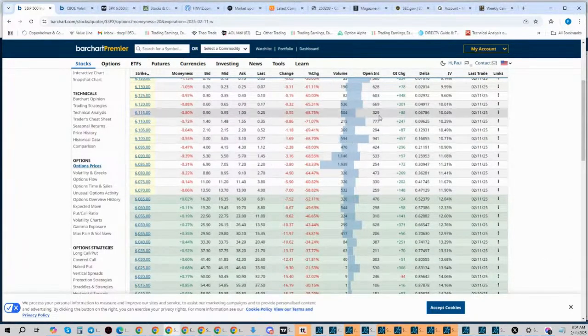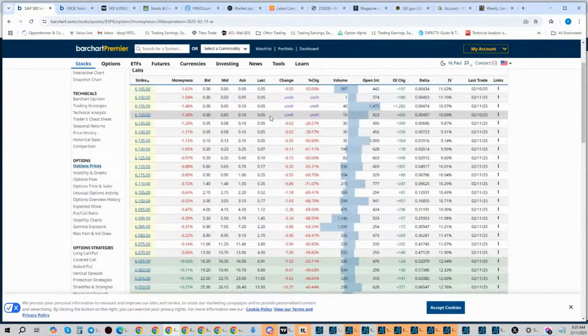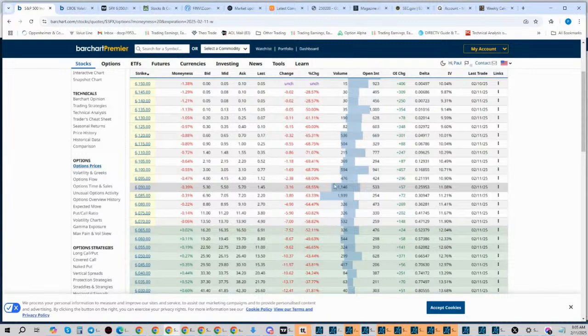The open interest hasn't updated yet on this, but you're just gonna have to take my word for it. 6100 has around 3,000 contracts, what looks like a call credit spread. Either way, we have a structure right up here.